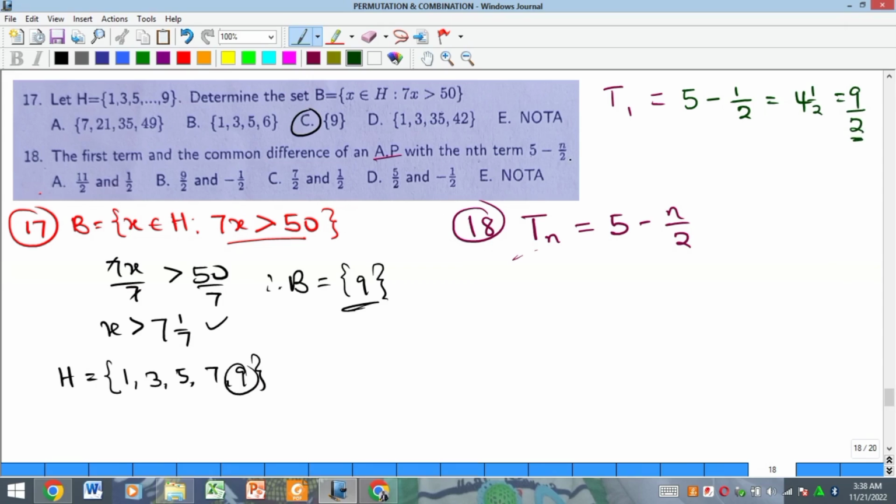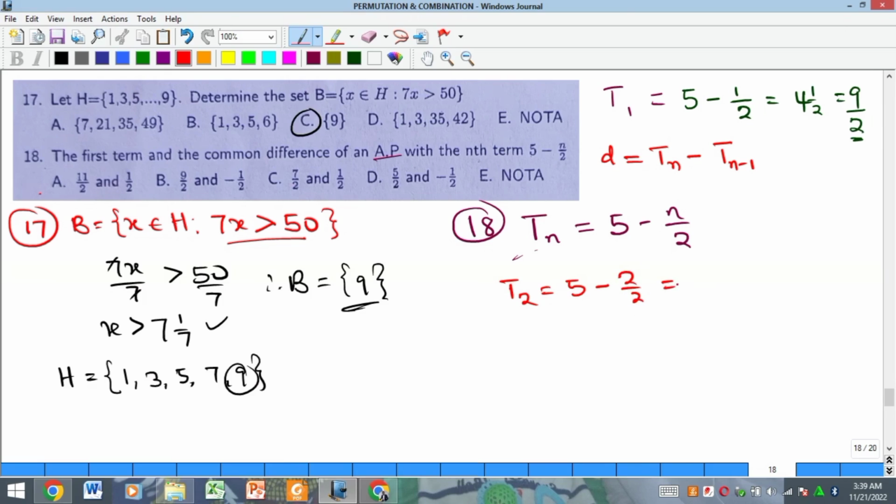So what about the common difference? Remember that there's a formula that says that common difference D is equal to Tn minus Tn minus 1. What this means is that if I want to find the common difference of an arithmetic progression, all I need to do is to get a term and subtract the previous term. So in this case, for me to get this, I will need at least the T2. So let's get our T2. Our T2 is going to be 5 minus, our n now will be 2, all over 2.